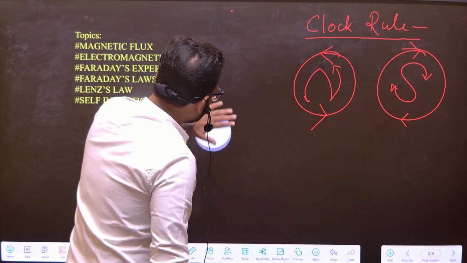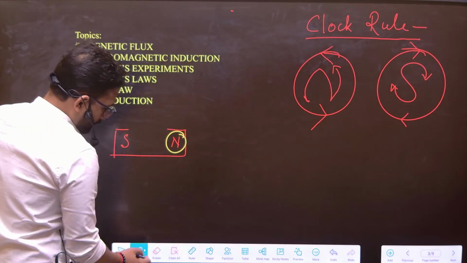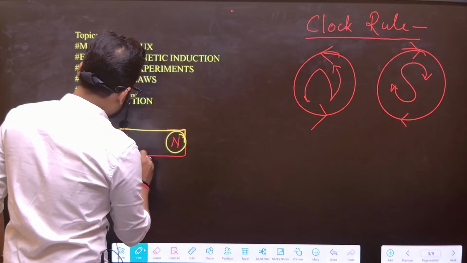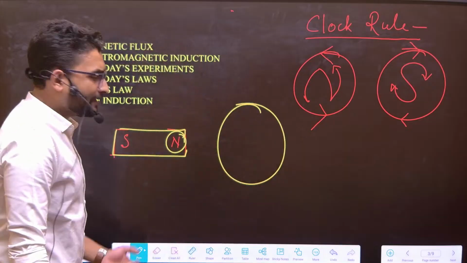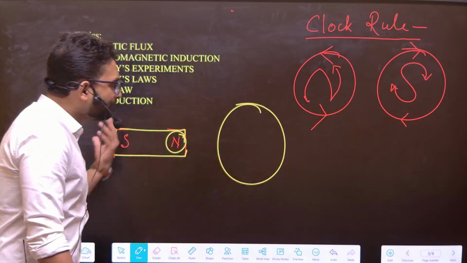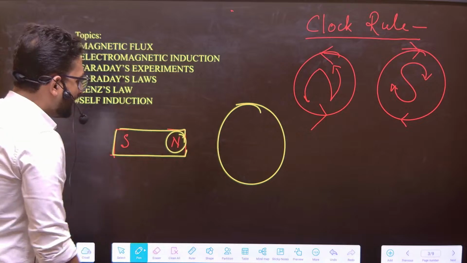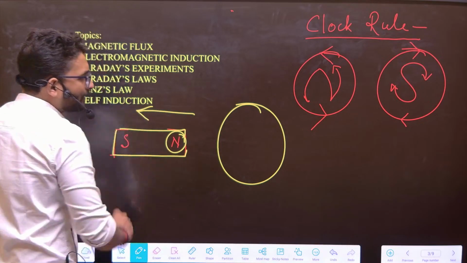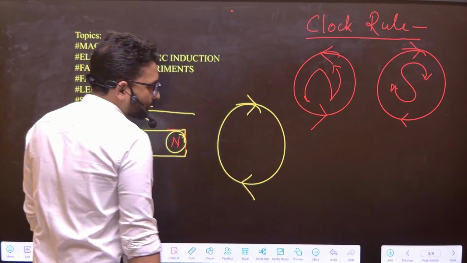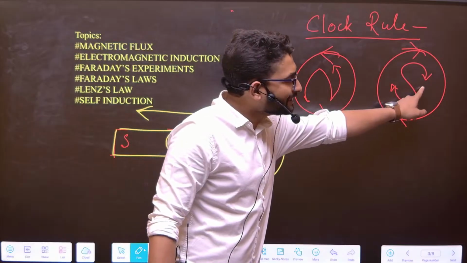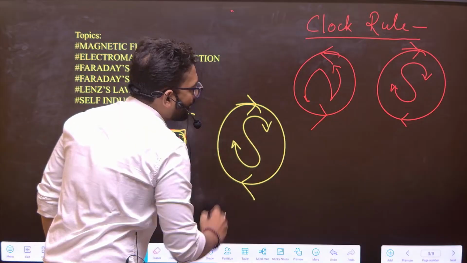So I just remove this also. Okay, consider this to be the magnet. Remember, if you take the magnet closer to the coil or away from the coil, in both cases we are getting induced current. Taking it closer, we have seen. If you take this magnet away from the coil, then the direction of current here is clockwise. And if the direction is clockwise, then this polarity is of course south polarity.